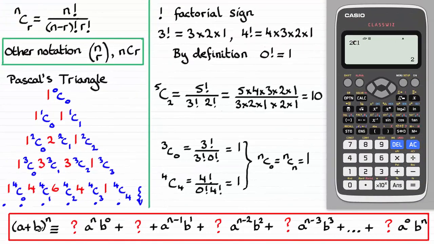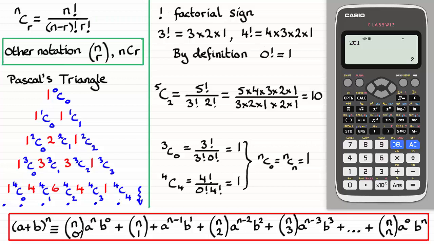Now we knew that in this formula, these question marks were the values in Pascal's triangle. So now we can actually replace them with what we have here shown in blue. So if I put those in, we can remove the question marks, and you can see now that if we've got (a + b) to the power n, then those values are given by nC0.